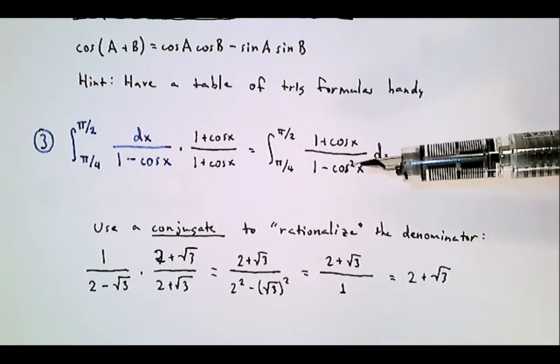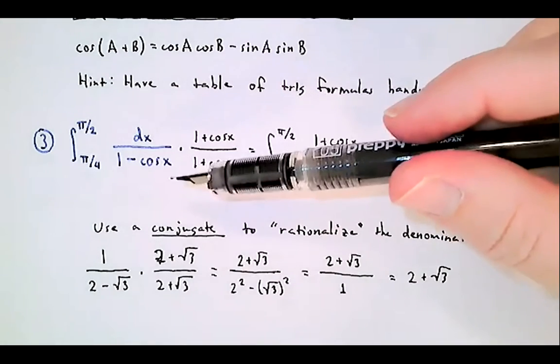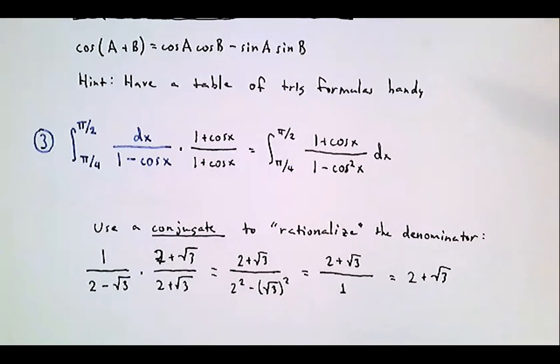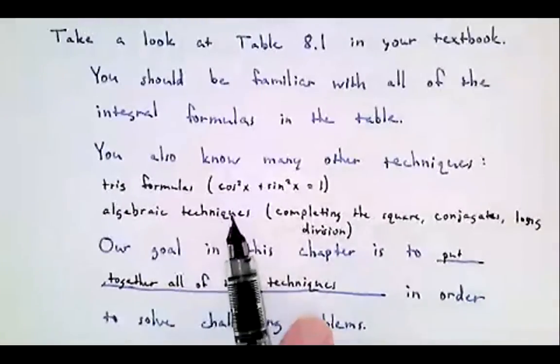So now we have an expression like this one, which seems like maybe it's more complicated than what we started with, but there is a handy trig formula that will help us simplify it. The trig formula that I pointed out on the first page, this one.